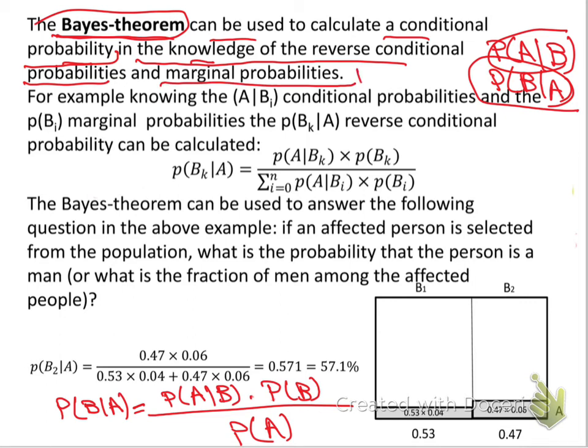The marginal probability, which is probability of A or probability of B. If you remember, this is the one we have here at the denominator.